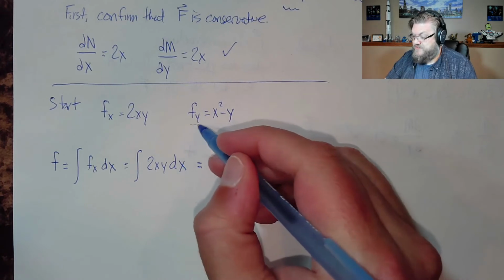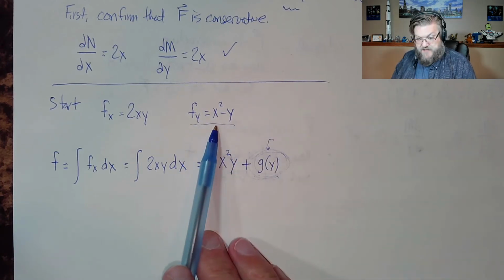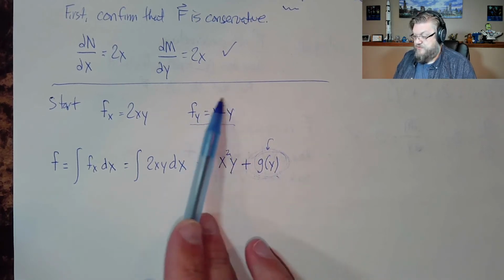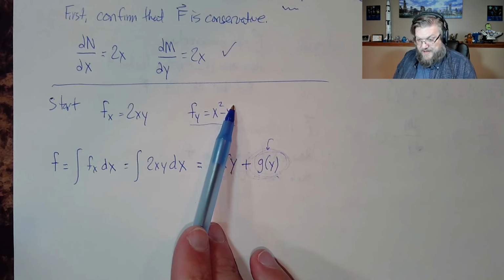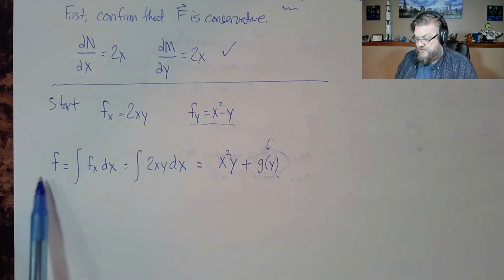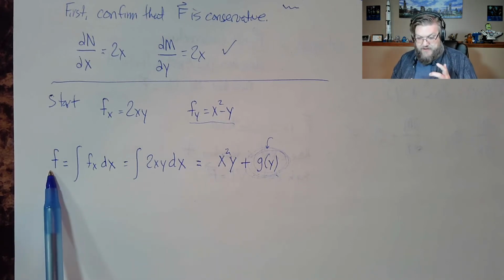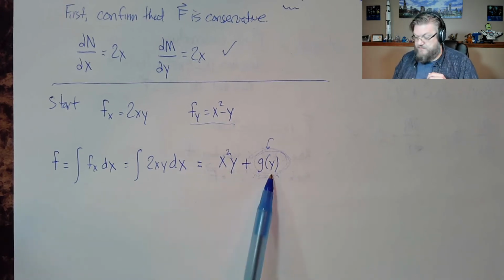Well, I haven't used this information yet. I haven't used my other partial, right? So what I want to do is take this partial that was given, and then I want to calculate that partial according to what I have and reconcile the two, right? I have a candidate for little f. Little f looks like this.